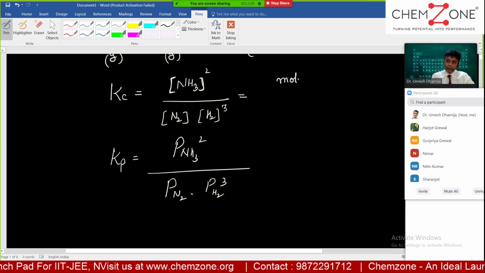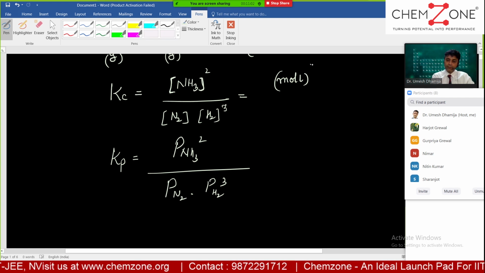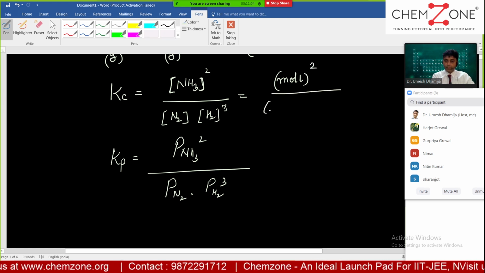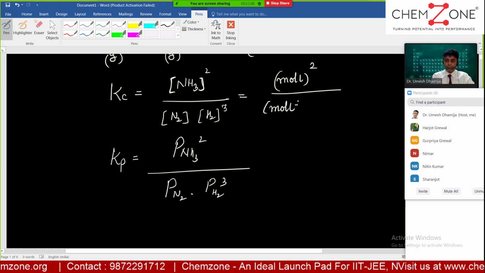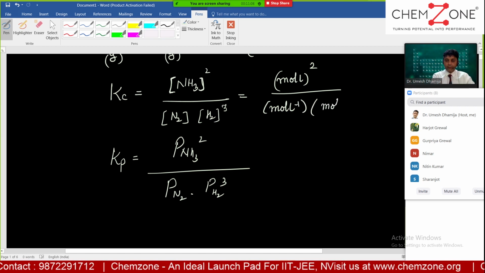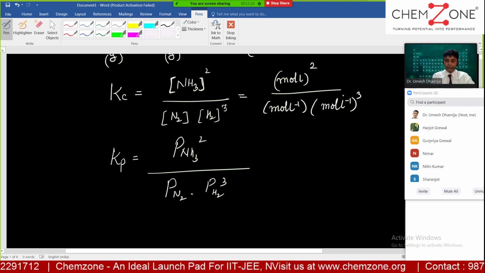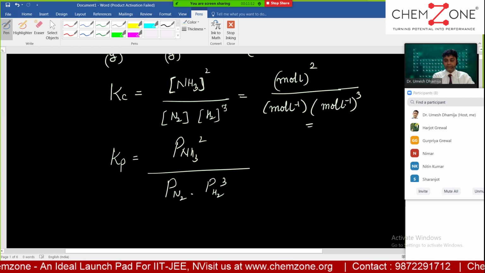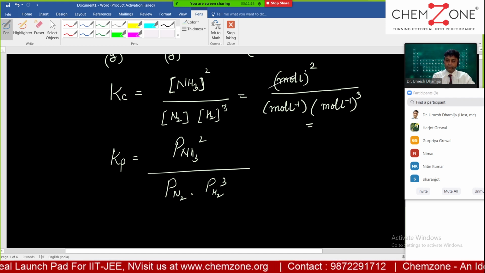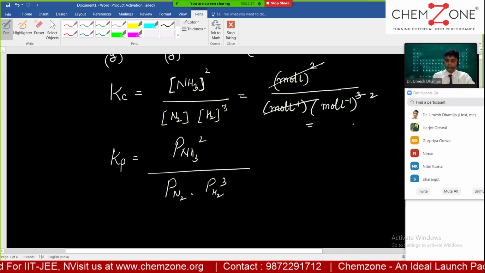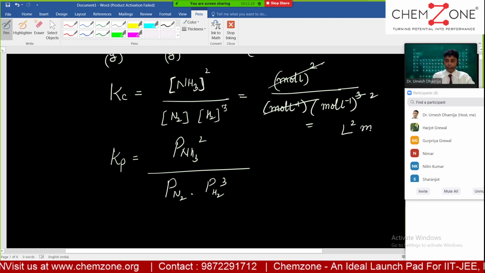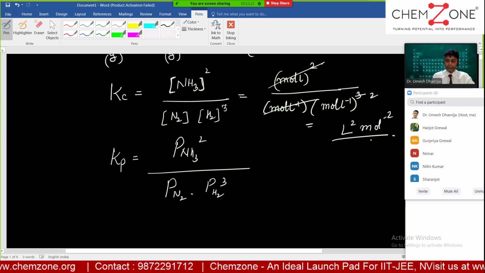So it is moles per liter to the power 2, not moles per liter to the power 3. Now if you solve this, what value you get here? Some mole liter square, mole to the power minus 2. Got it?